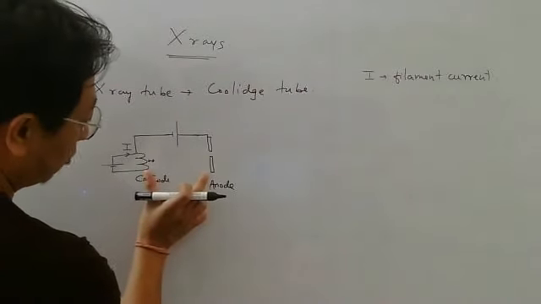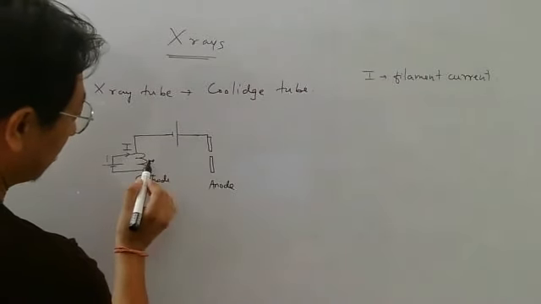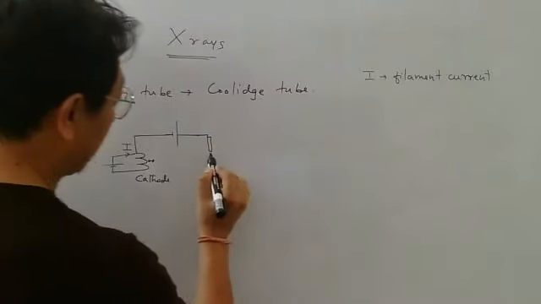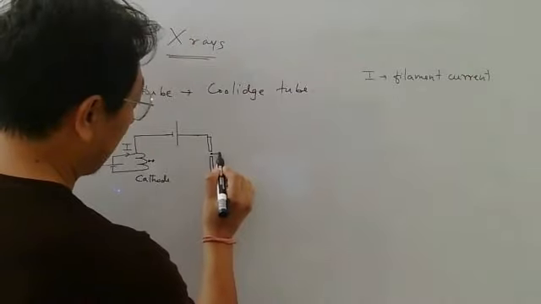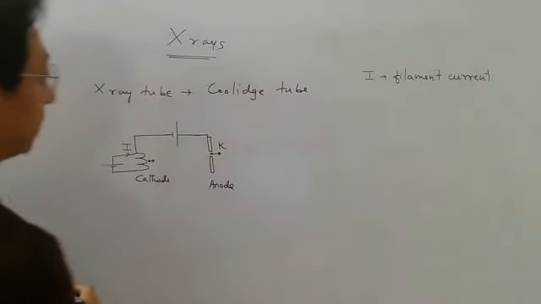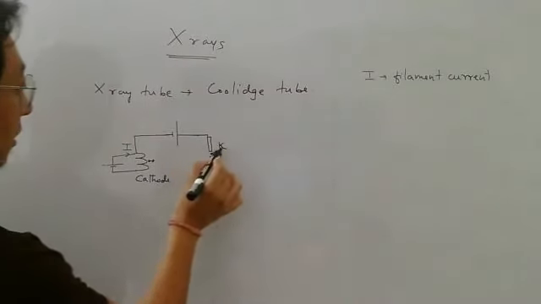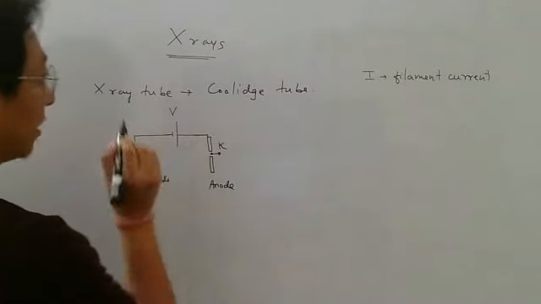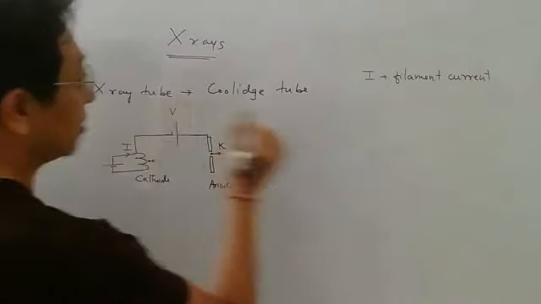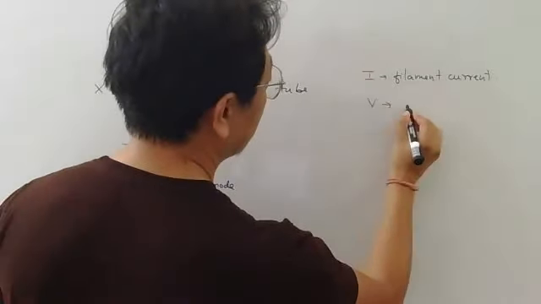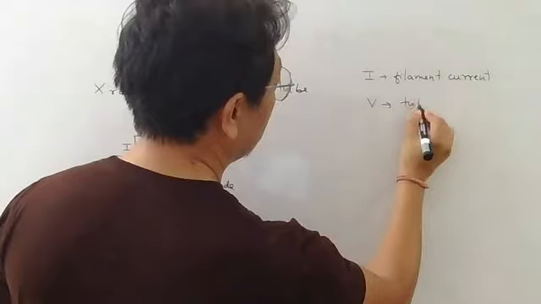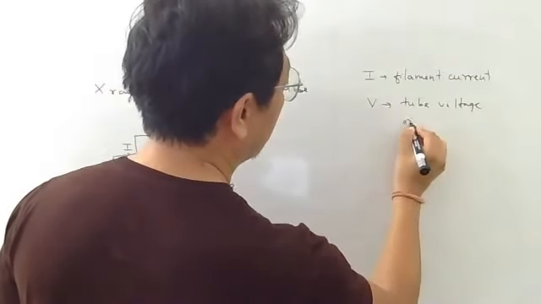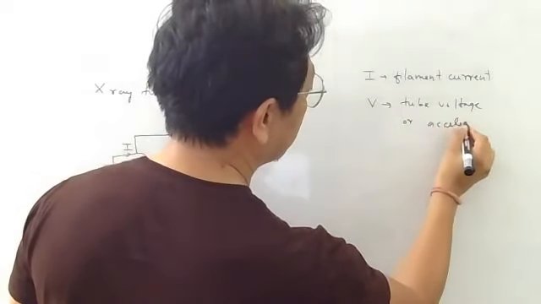So because of this potential difference, these electrons will get accelerated and they will come out with some kinetic energy K. Who gave this kinetic energy to these electrons? The accelerating voltage. So this V is also very important for us. Some people call this tube voltage or accelerating voltage.